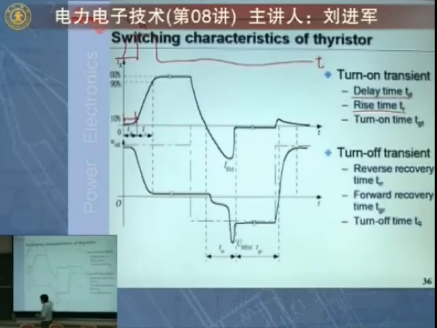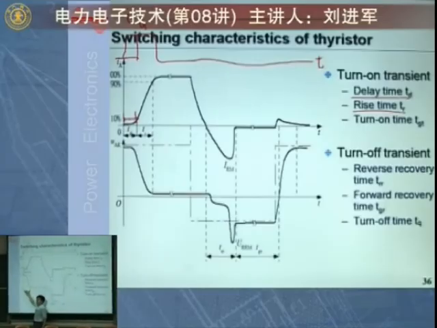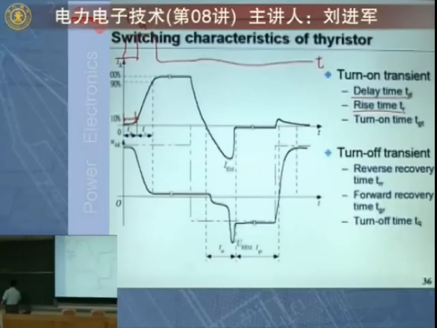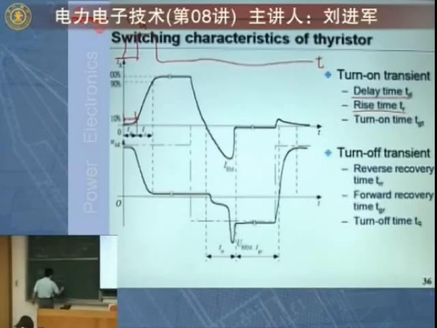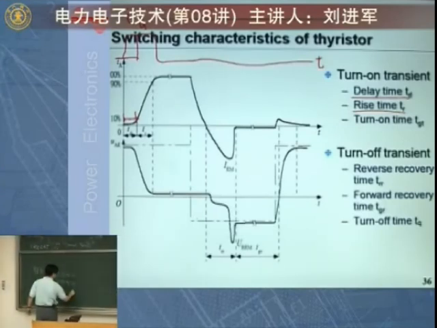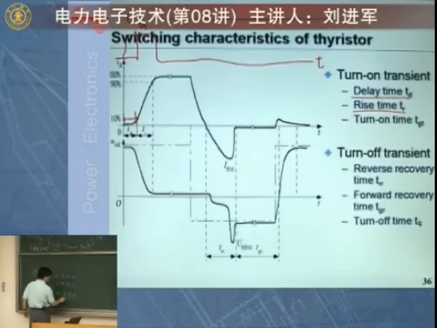So starting from the time instant when you apply gate current until the current flowing through the thyristor reaches the steady state, this time is called turn on time. You need this time to actually have the thyristor turned on.